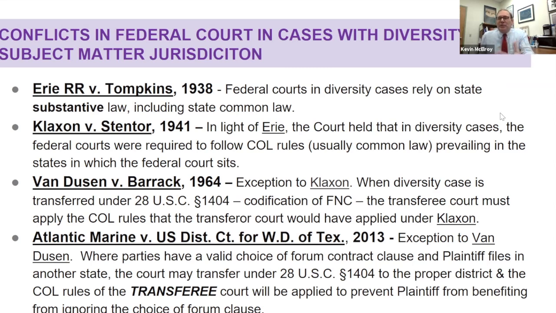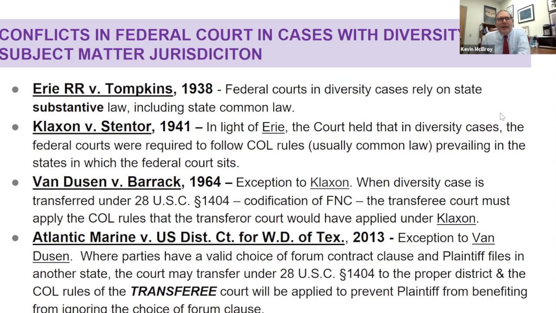You stick with the choice of law rules of the original state where it was filed, in our little scenario, New York. Why? Because that's one of the advantages a plaintiff gets. A plaintiff gets to pick, within the limits of personal jurisdiction and venue, what state they're going to bring a suit in.